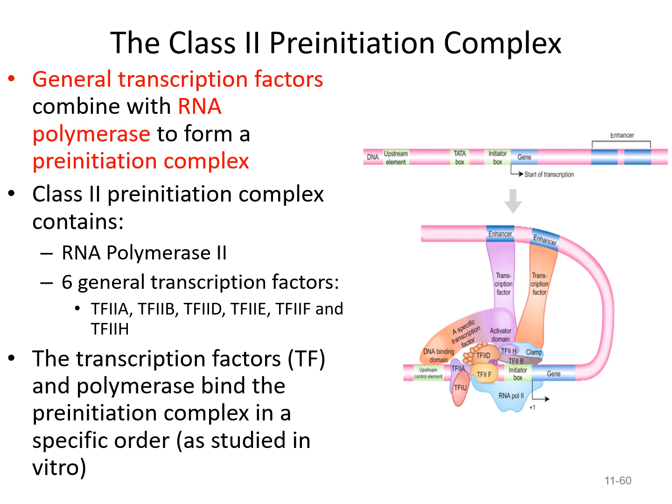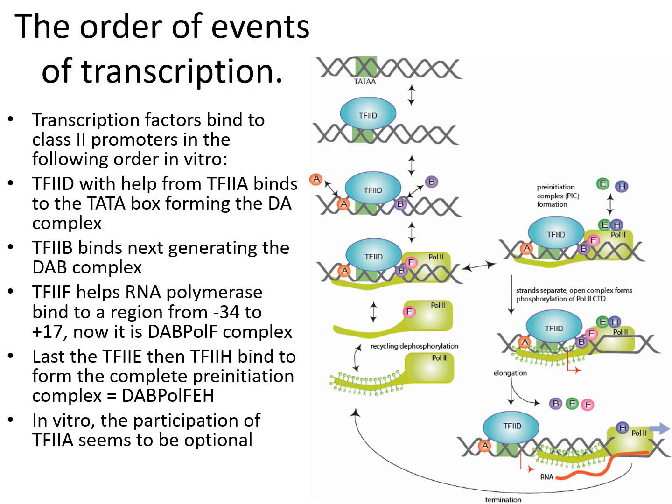We just discussed the sequence of events of initiation in RNA polymerase II transcription as an example to understand eukaryotic transcription. The first step is the binding of TFIID to the promoter. TFIID, with help from TFIIA, binds to the TATA box, forming the DA complex.